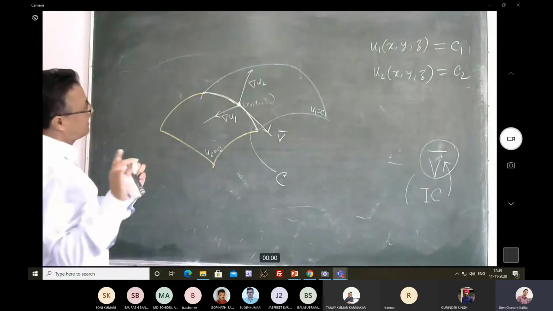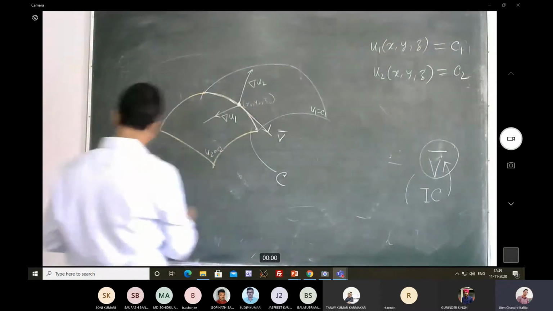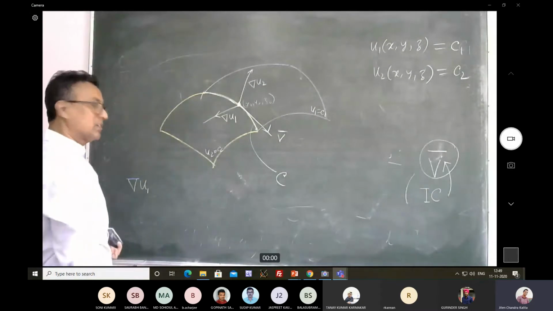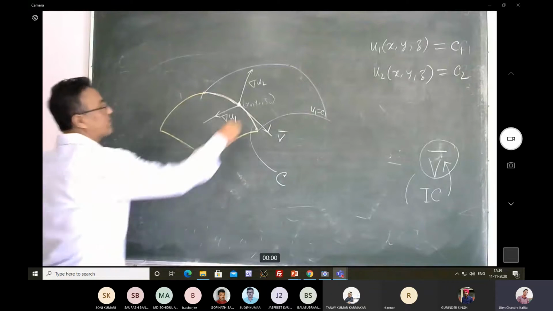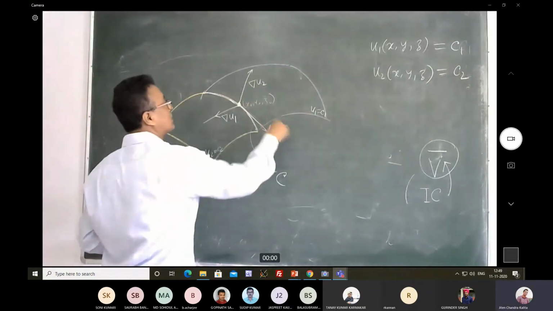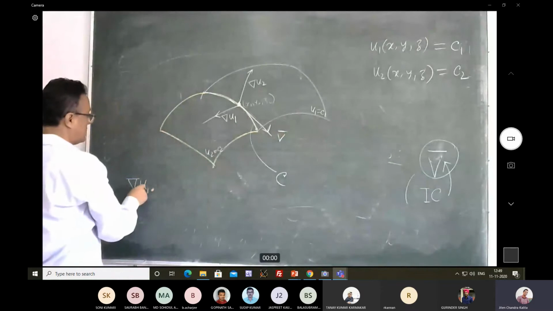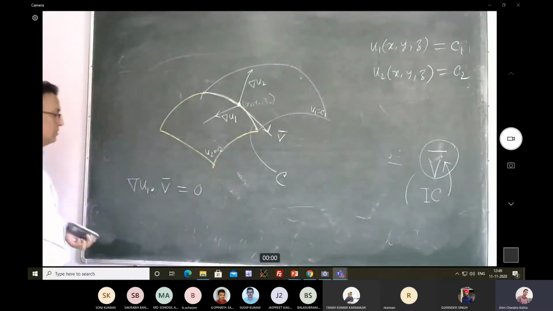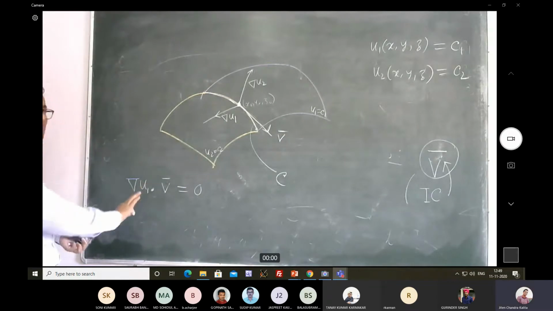Yesterday itself I explained to you that if this V is the tangent, then what must happen? V and grad u1 must be perpendicular to each other. This is straightforward, right?